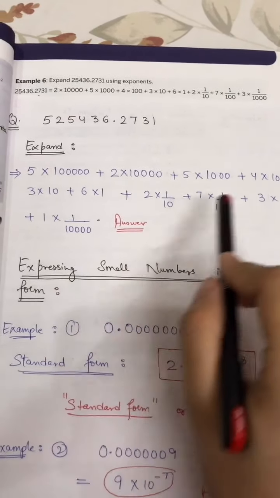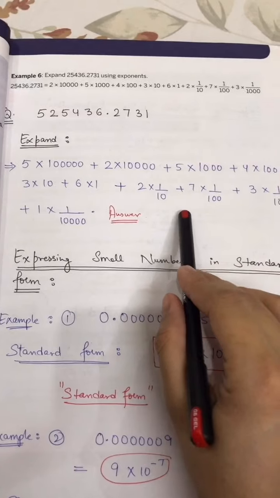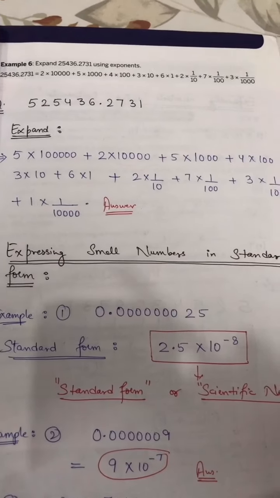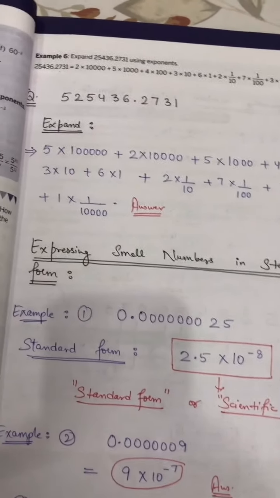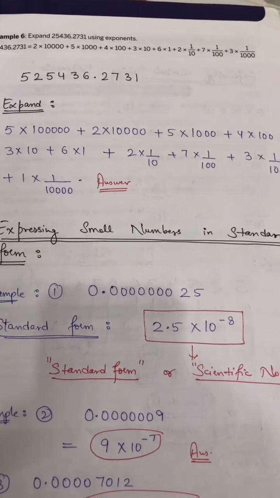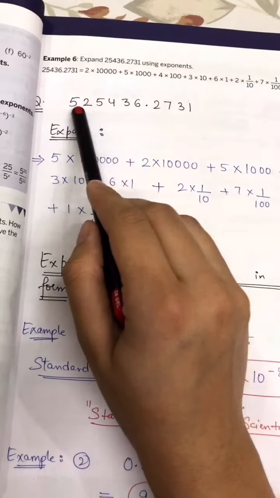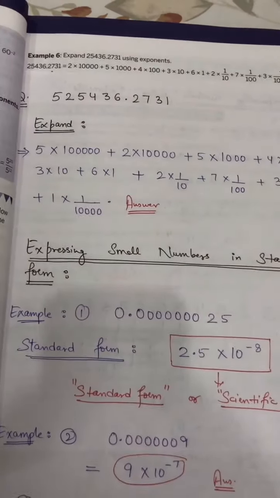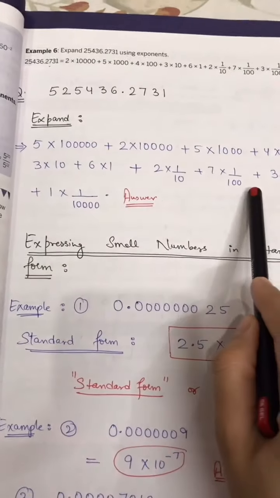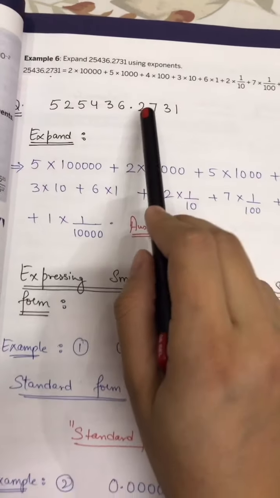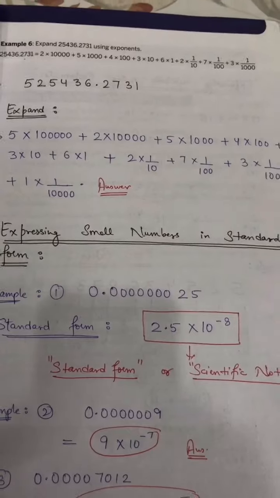You have to do some questions in which you have to write in the expanded form. Go for the examples, write some equations, some statements on your own, and practice how you can expand the number if it has a decimal.